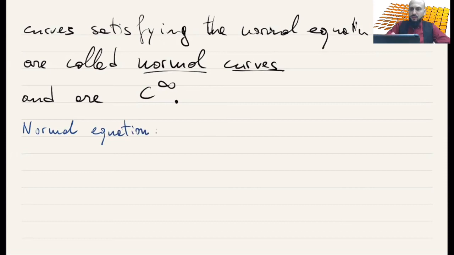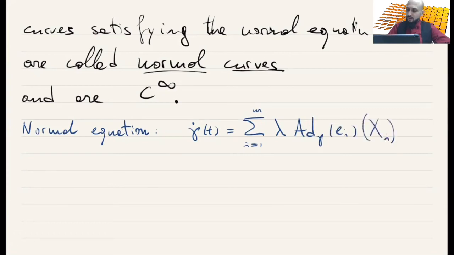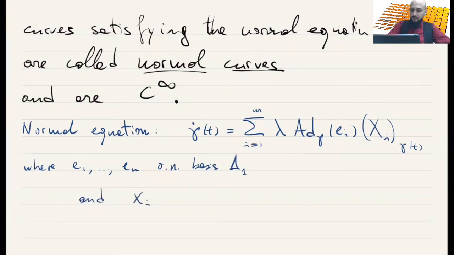And the normal equation is gamma dot t equal to the sum over i from 1 to m, where m is the rank, of a covector lambda applied to the adjoint of gamma applied to ei, times the vector xi at the point gamma t, where e1 up to em is an orthonormal basis for the horizontal space for delta at 1, and the vectors xi at the point g is the left translation of the vector ei. This is the left translation by g at 1.